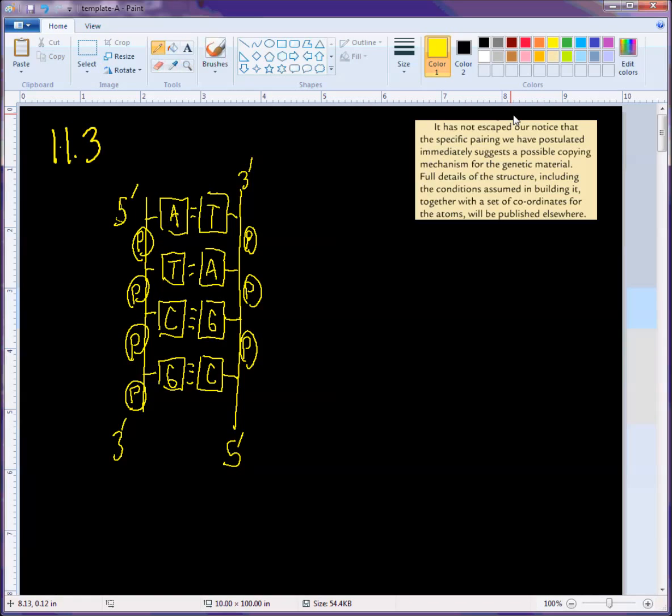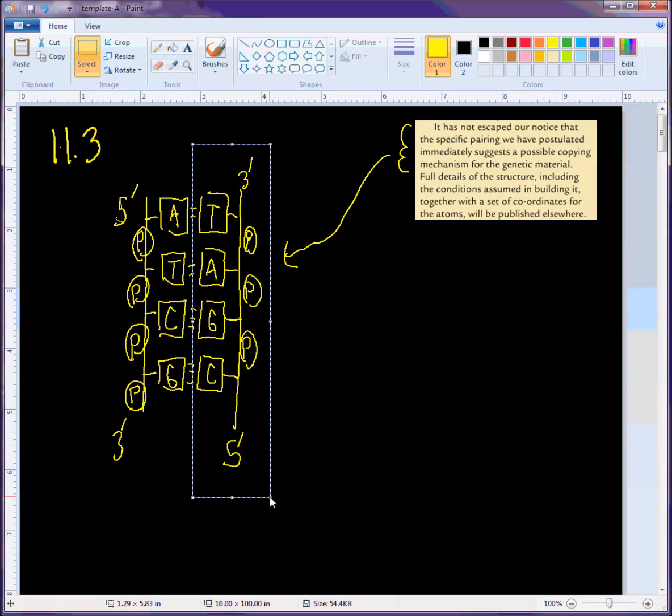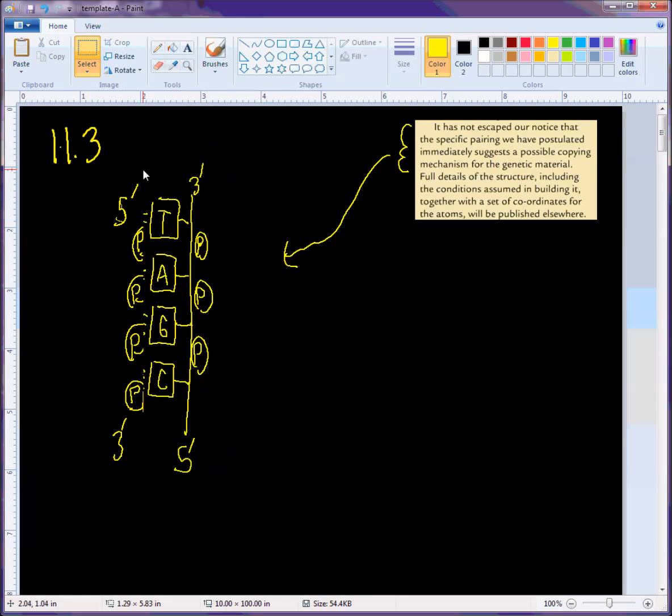And what they were saying up here is that now that we have a model for what DNA looks like, you can immediately see how the genetic information can be copied and passed to the next generation. So what can happen? Well, we can just take this stuff right here. I'll move it over.